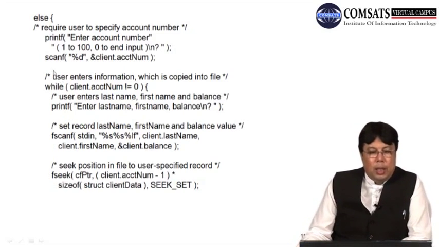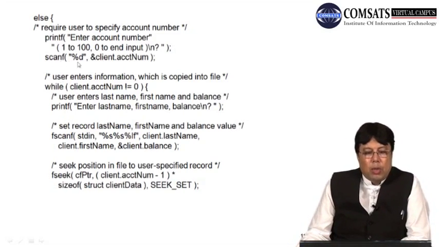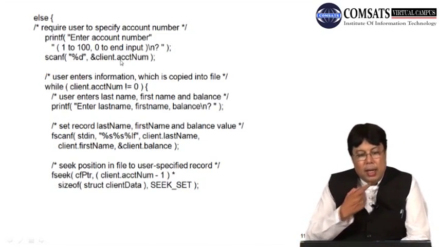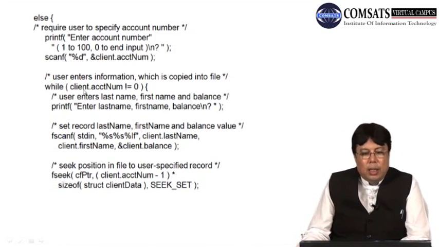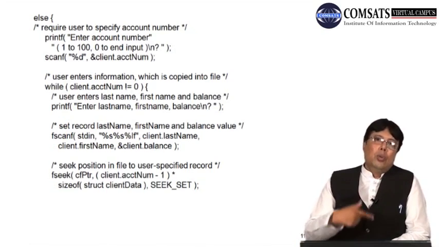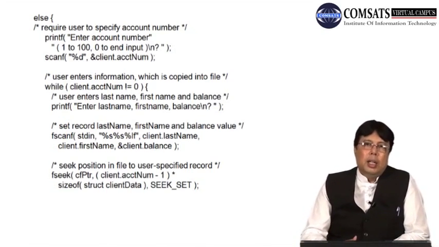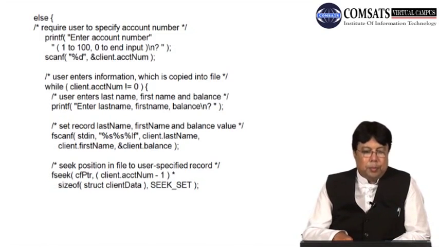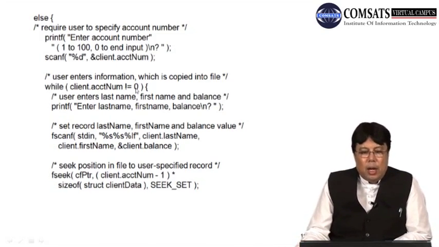Now we can read the information into client.accountNumber. First we read the account number, and then while the client account number is not equal to 0, the loop should continue to read the data. It will keep on reading until we enter account number 0. When we enter account number 0, we terminate.